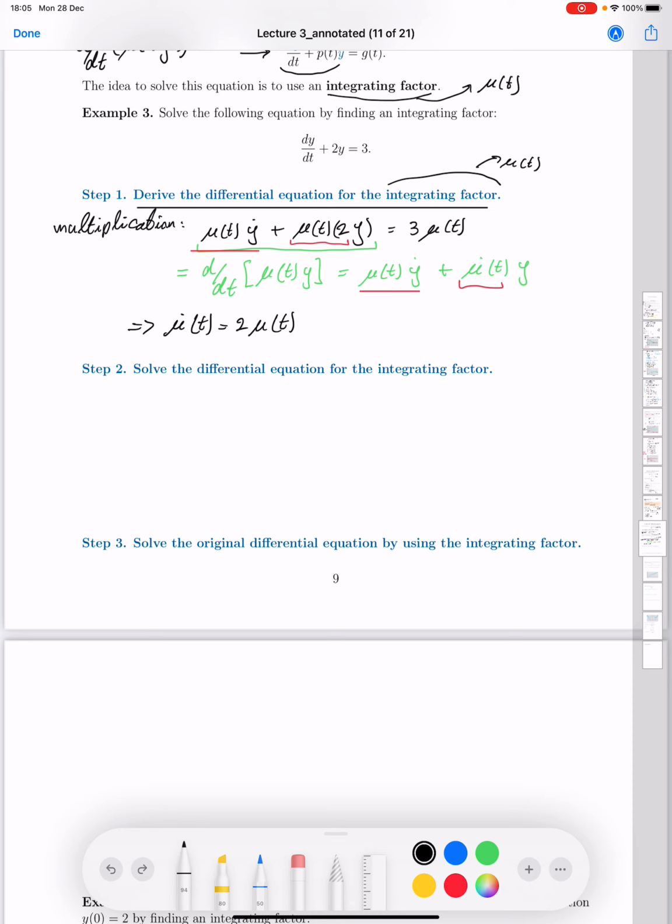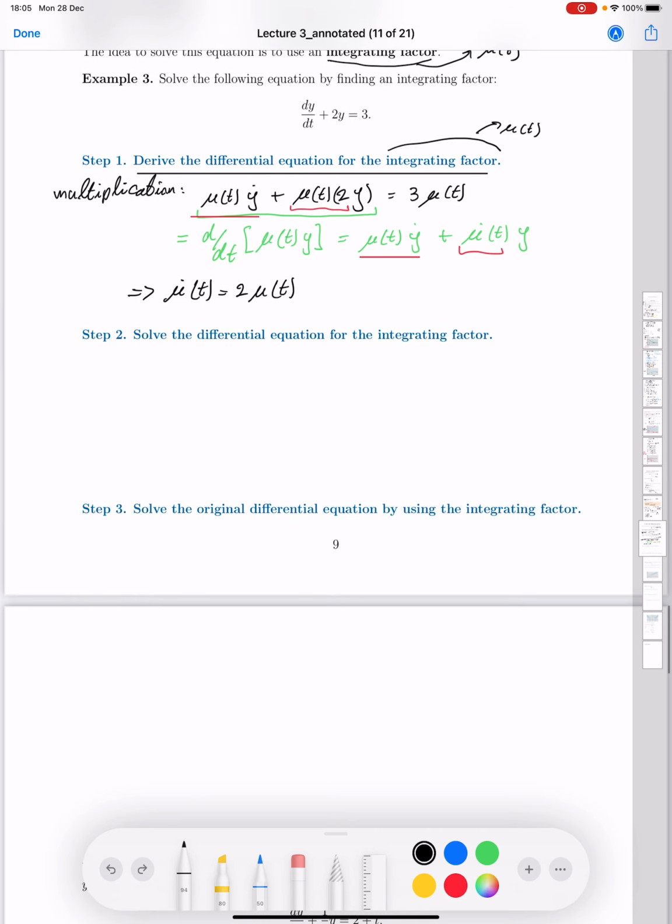The second step is, of course, to solve this equation, right? Solve the differential equation for the integrating factor. And you should know from the previous examples, this is quite straightforward to solve.